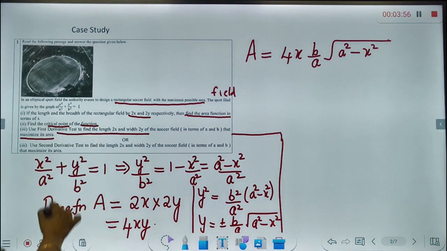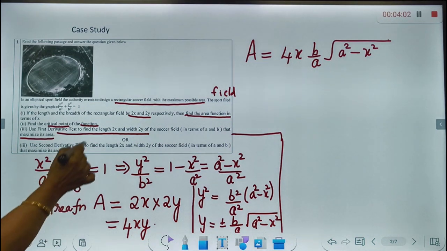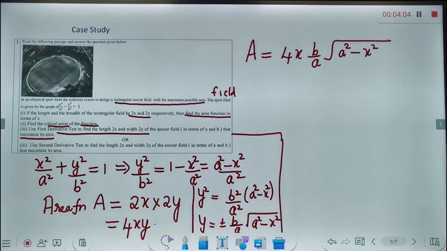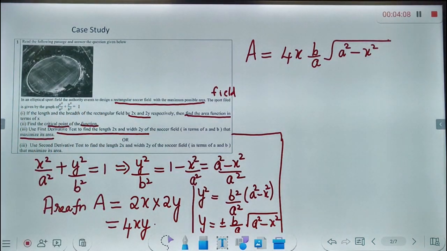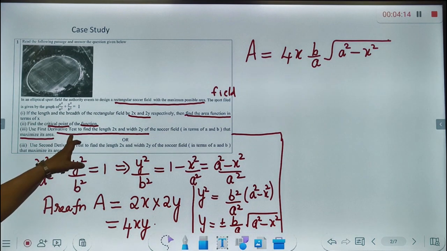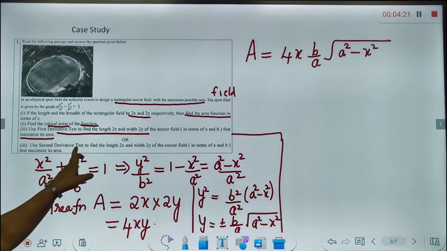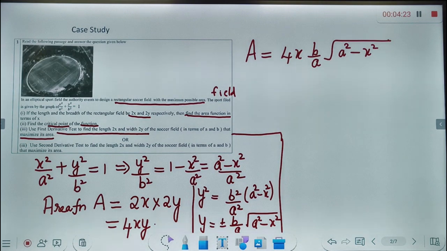If length and breadth of the rectangular field are 2x and 2y, then the area function in terms of x will be 4x b by a into root of a square minus x square. Now, we want to find the maximum value of the area. First finding the critical point using the first derivative test, afterwards using the second derivative test.